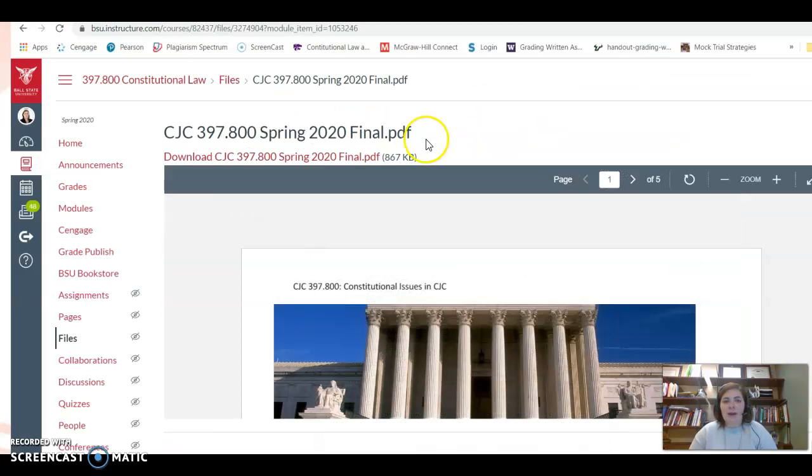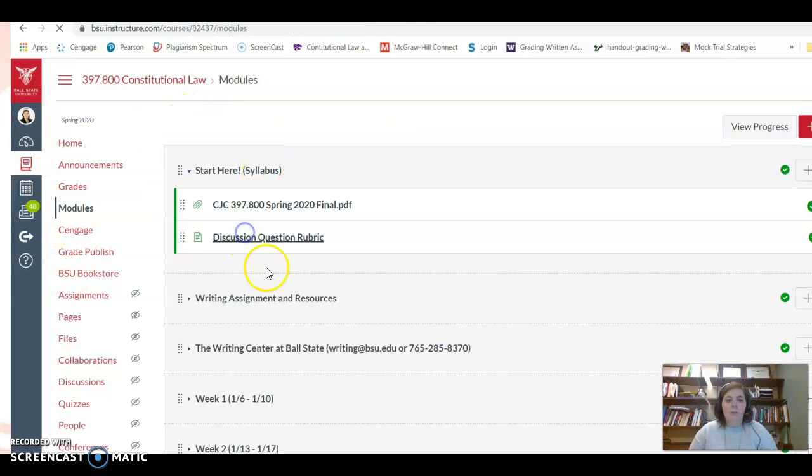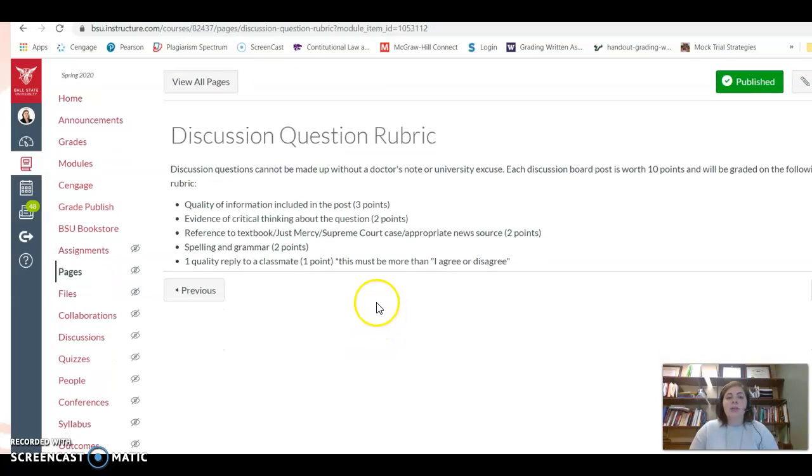We'll minimize this, get back into Canvas, and we're going to open this discussion question rubric. So discussion boards are going to be based on the quality of information included in the post, 3 points, that you thought critically about the question, that you made a reference to either the textbook, Just Mercy, a Supreme Court case, or an appropriate news source, that your spelling and grammar is collegiate level, and that you made 1 quality reply to a classmate.